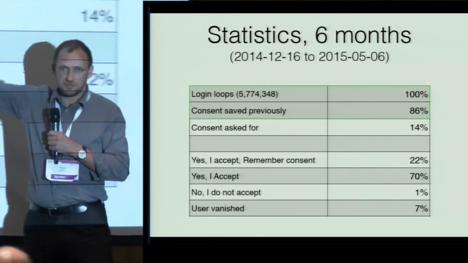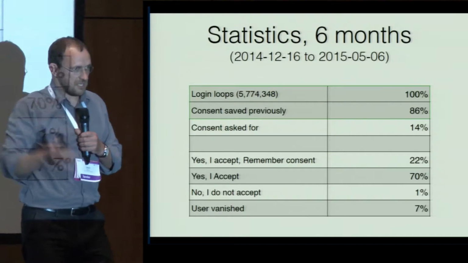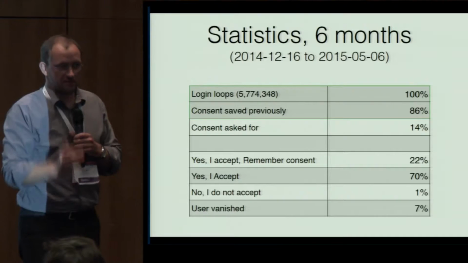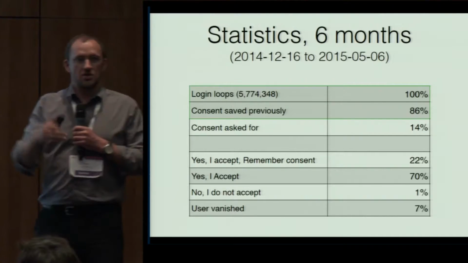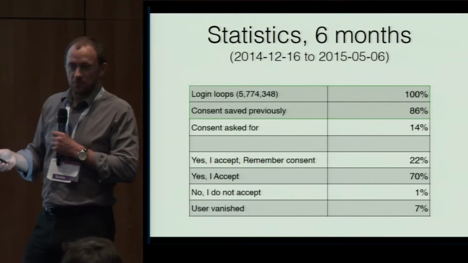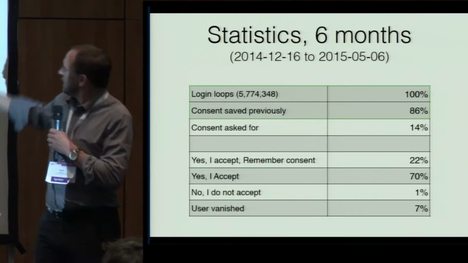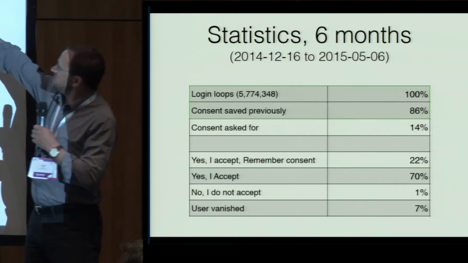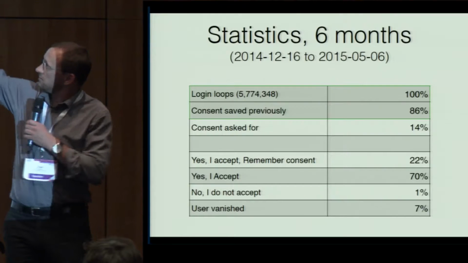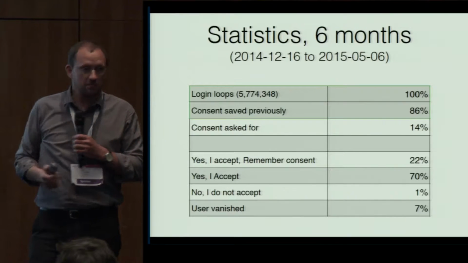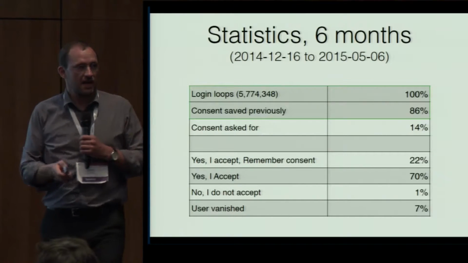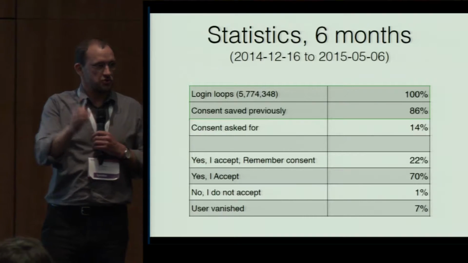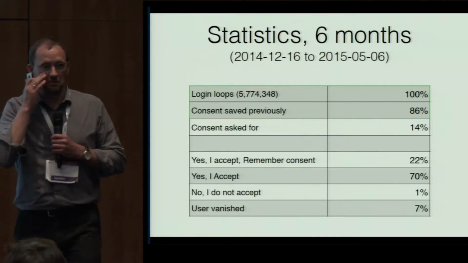Consent saved previously. That means that people asked us to save the consent, not to be engaged the next time in the dialogue. That takes 86%. So out of the 5.7 million, 86% had actually chosen not to see this again.